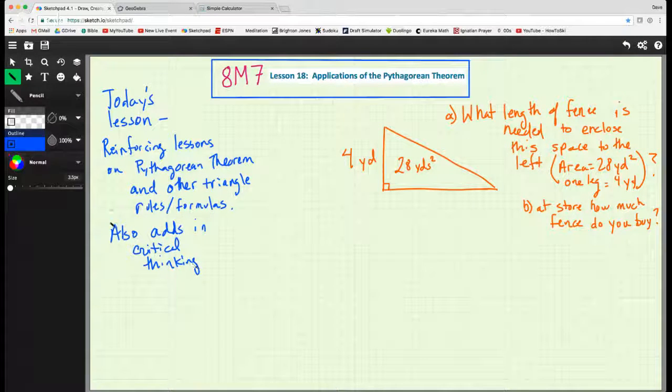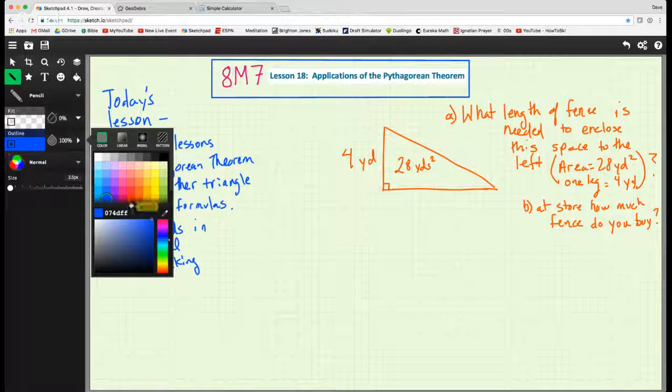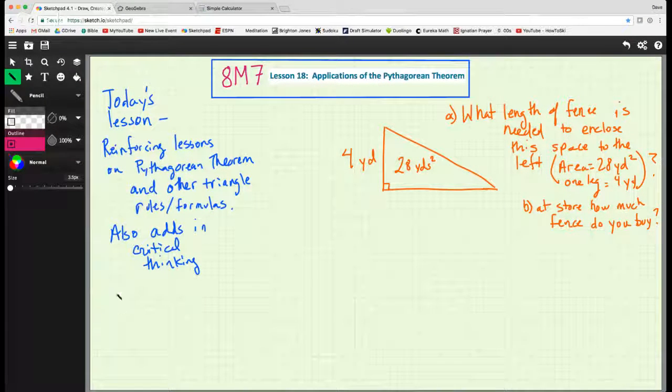Some other rules that you're going to need to know to succeed at this lesson are: one, the area of a triangle. I'll just remind you, you should have this memorized by now, it is a half of the base times the height.